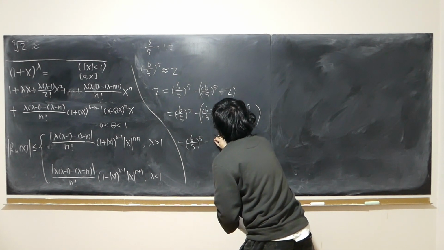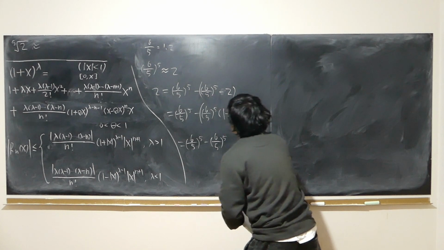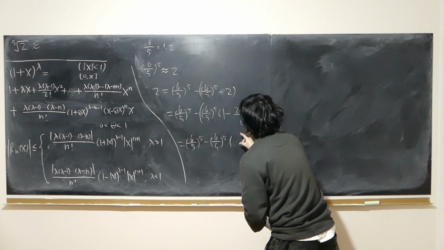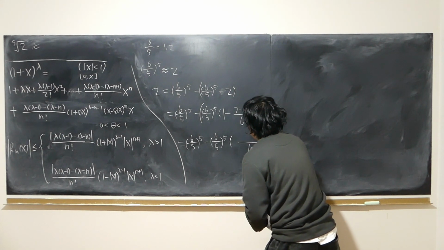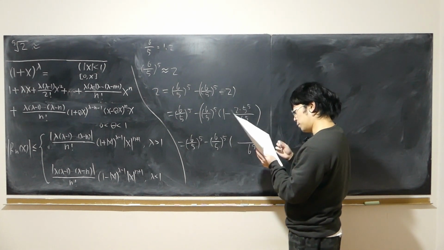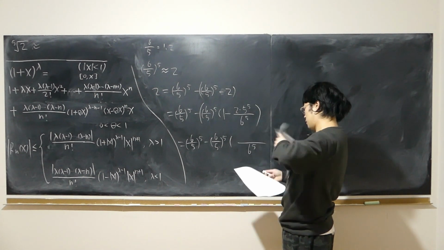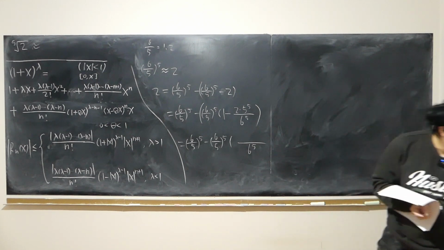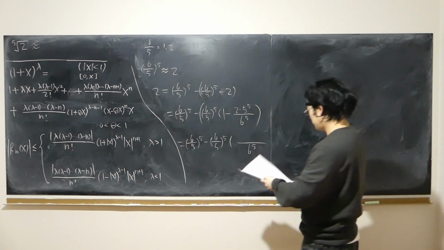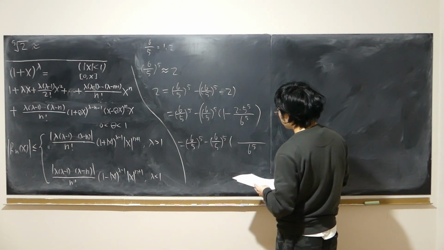Then I can just write five minus the same thing. Again, common denominator. So it turns out to be 1526.